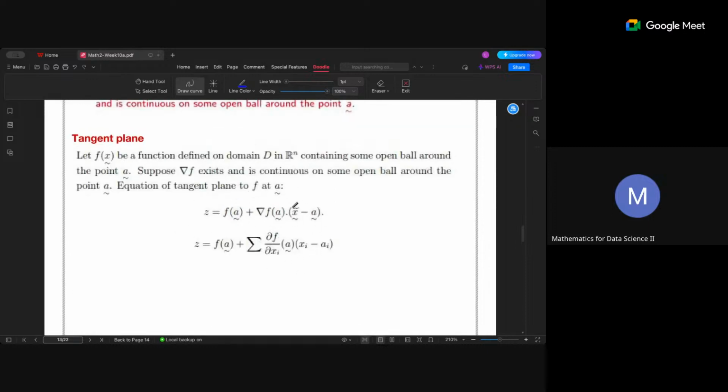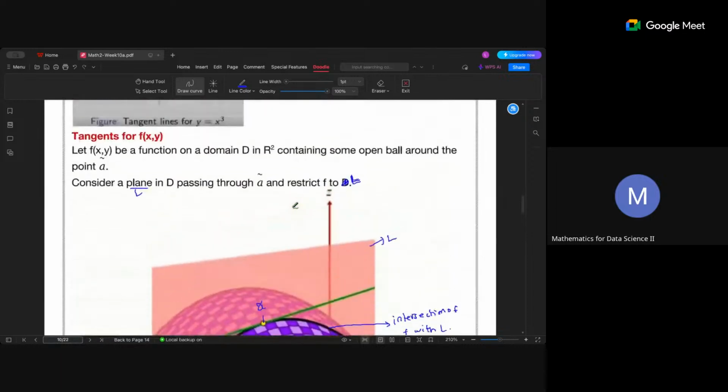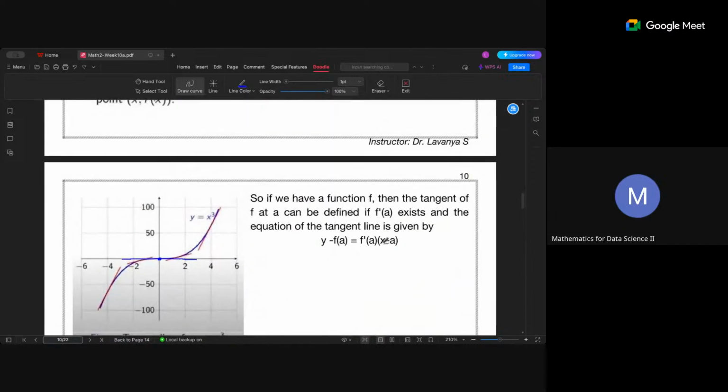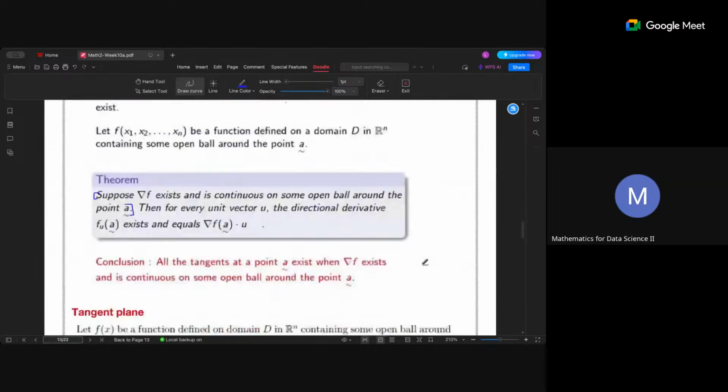Does it resemble something? If you go back, what is the equation of the tangent we saw? If I rewrite this, it is y is equal to f of a plus f dash of a into x minus a, right? Now let's look at the equation of the tangent.